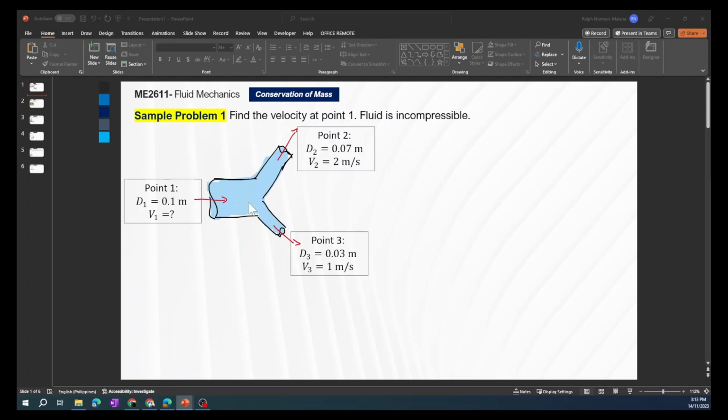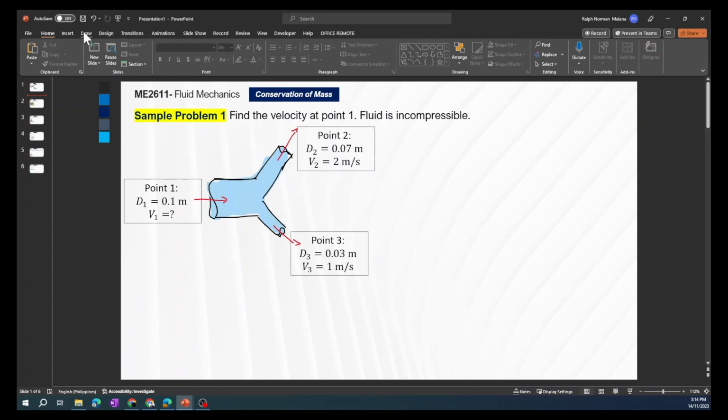It has one inlet and two outlets, where point 1 has a diameter of 0.1 meters, with an unknown velocity V1. Point 2 has a diameter of 0.07 meters and velocity of 2 meters per second, and point 3 has a diameter of 0.03 meters and a velocity of 1 meter per second. We're here to find the velocity at point 1, and we assume that the fluid is incompressible.